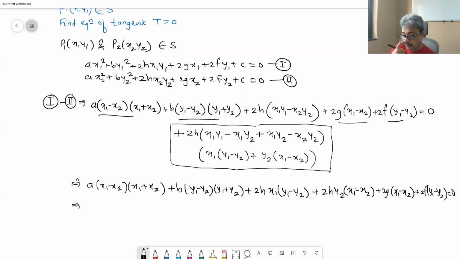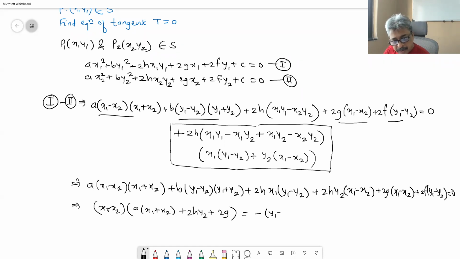Now we take x1 minus x2 common. What remains is a into (x1 plus x2). Nothing here as far as x1 minus x2 is concerned. Then here plus 2hy2 plus 2g. And we take minus (y1 minus y2) to the other side.